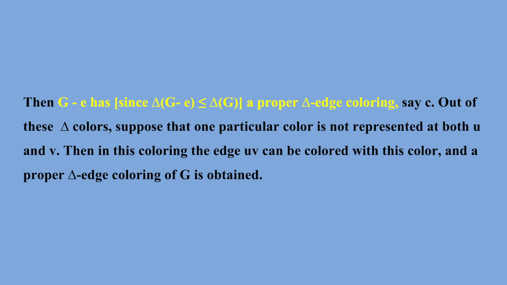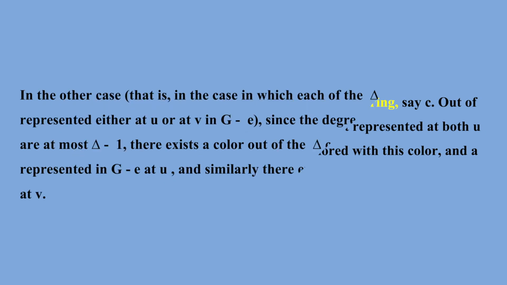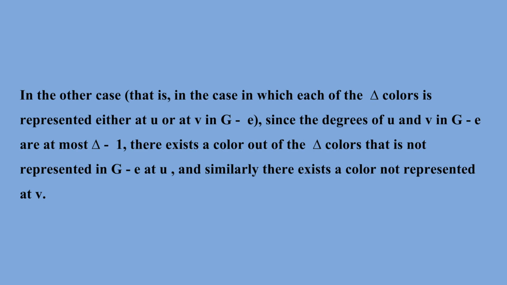Out of these delta colors, suppose that one particular color is not represented at both u and v, then in this coloring the edge uv can be colored with this color and a proper delta edge coloring of G is obtained. In the other case, each of the delta colors is represented either at u or at v in G minus e.